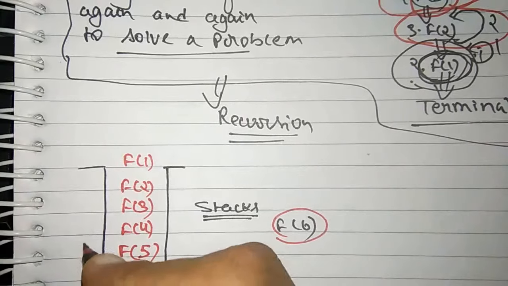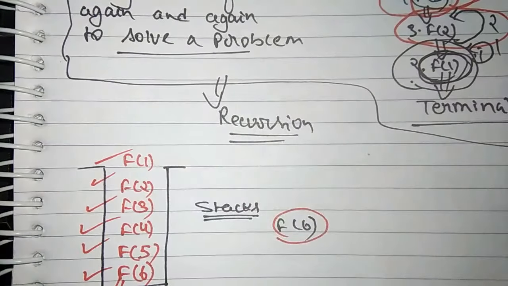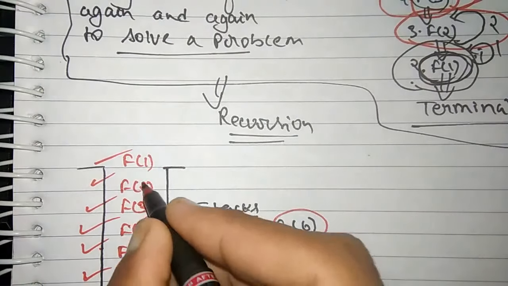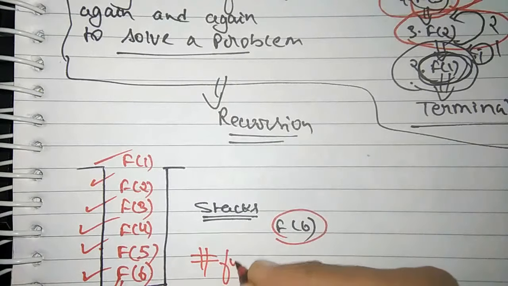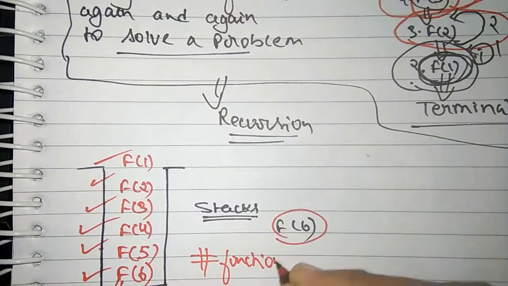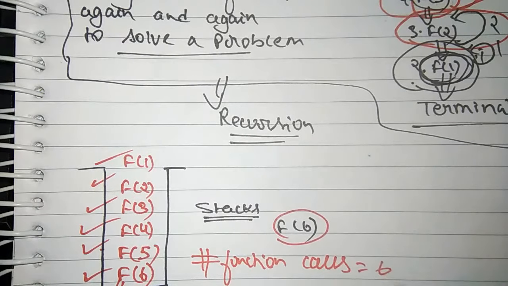So these are the function calls. How many function calls do we have? 1, 2, 3, 4, 5, 6. The number of function calls is equal to 6.